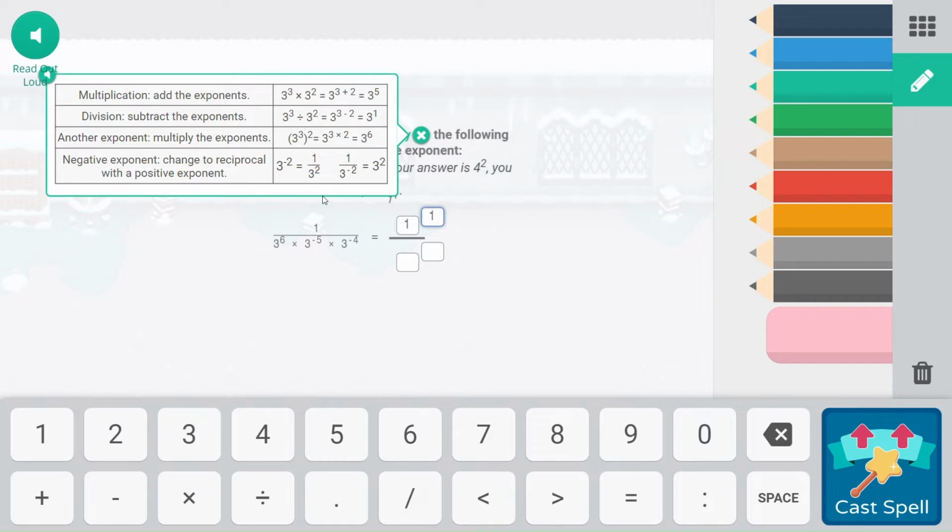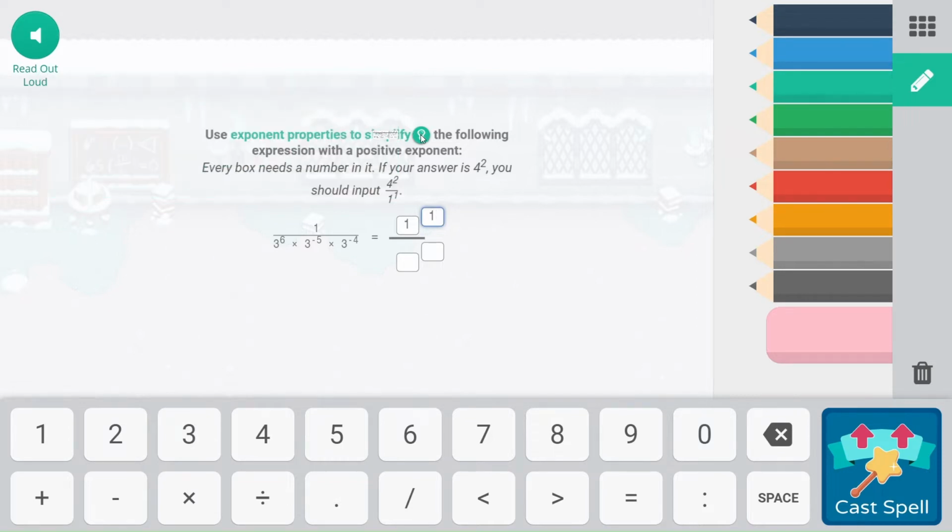Okay, so let's go ahead and take a look at this. Let's break this apart first. I almost need to write this out, I think. So I think we're going to have to break this apart into 1 over 3 to the 6 times 3 to the 5th.